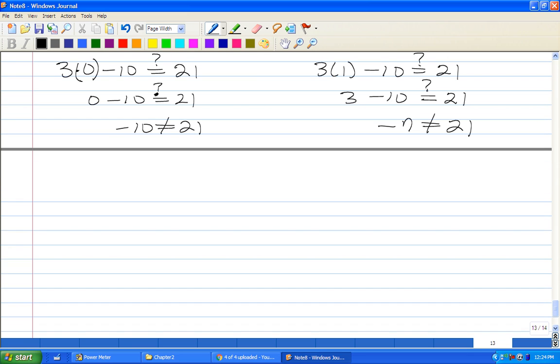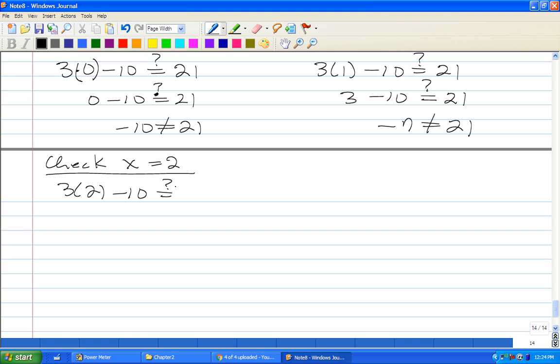Let's check x equaling 2. And so is 3 times 2 minus 10 equal to 21? Is 6 minus 10 21? No. Check x equaling 4.